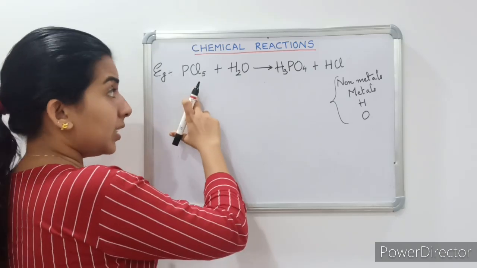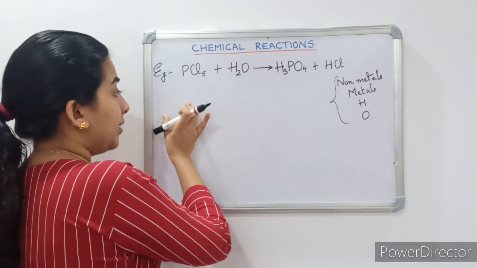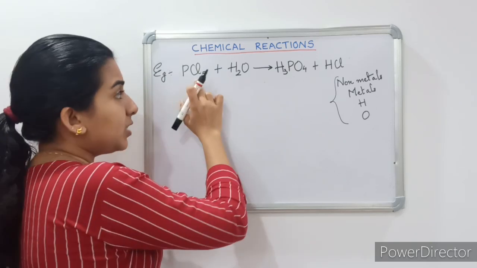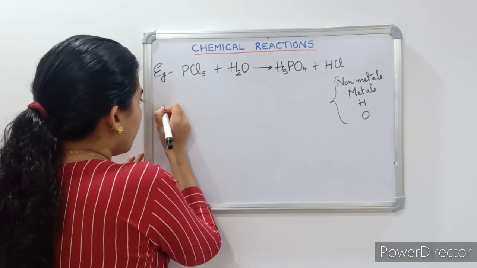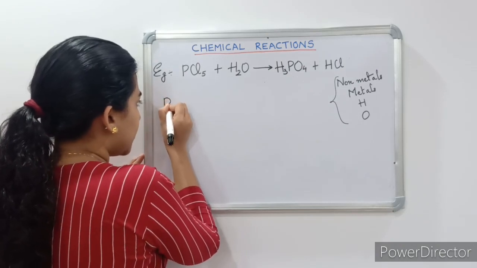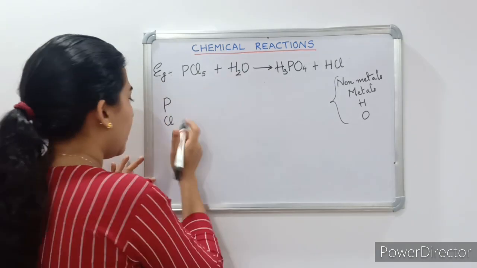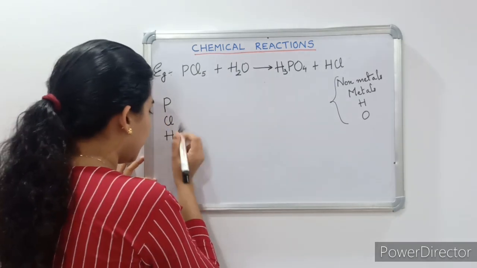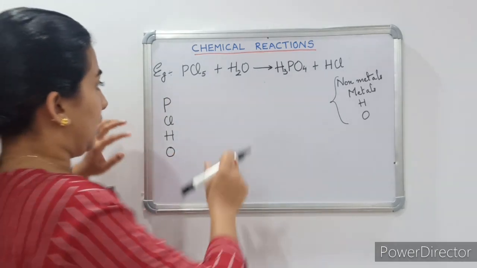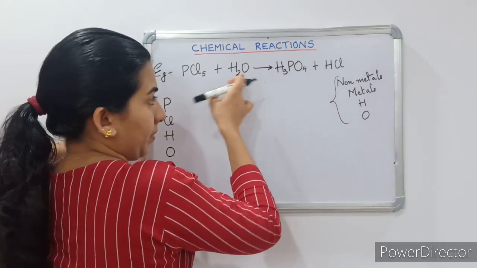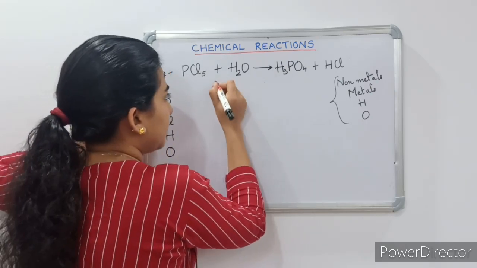Now the first step of balancing a chemical equation is writing down all the elements which are present in this equation, that is phosphorus, then chlorine, then hydrogen, then oxygen. Now this is the reactant side and this is the product side.